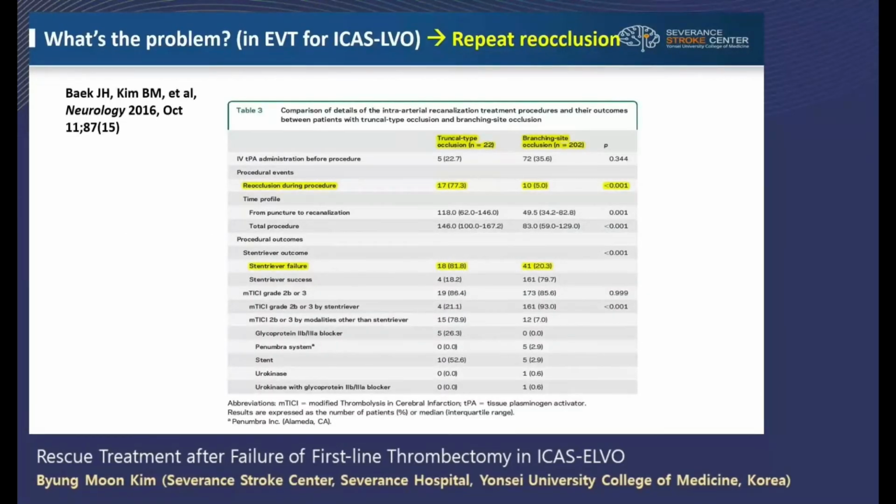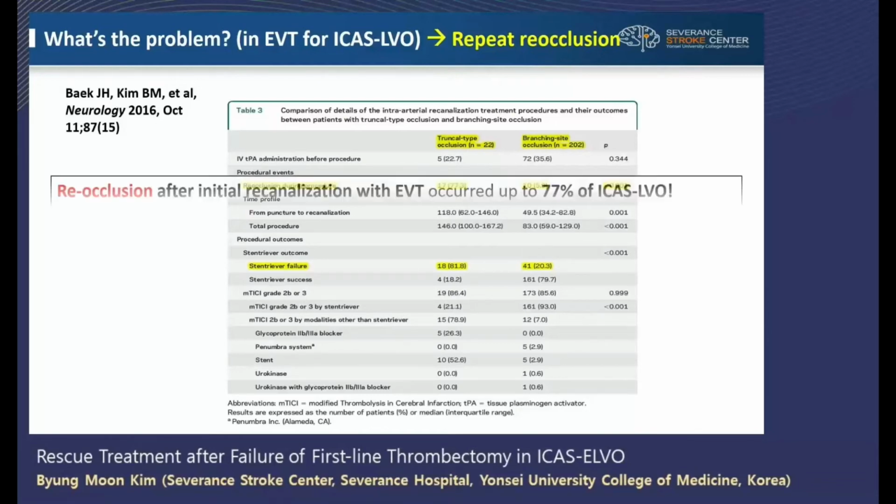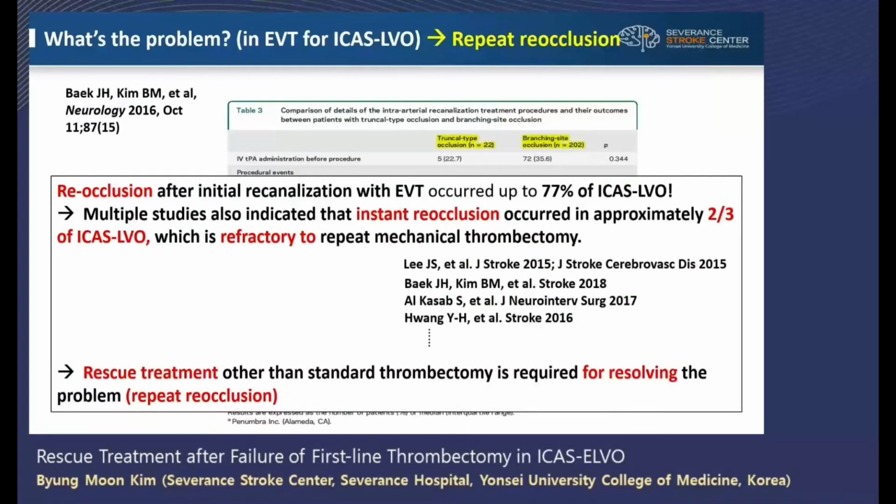Then, what's the problem in endovascular thrombectomy for ICAS LVO? That's repeat reocclusion. In my previous study, reocclusion after initial recanalization with endovascular thrombectomy occurred in up to 77% of ICAS LVO.